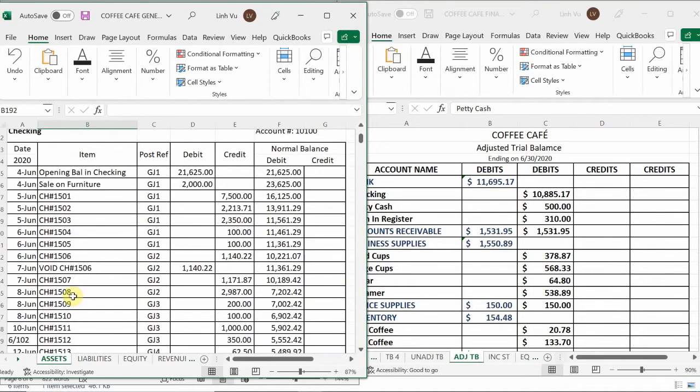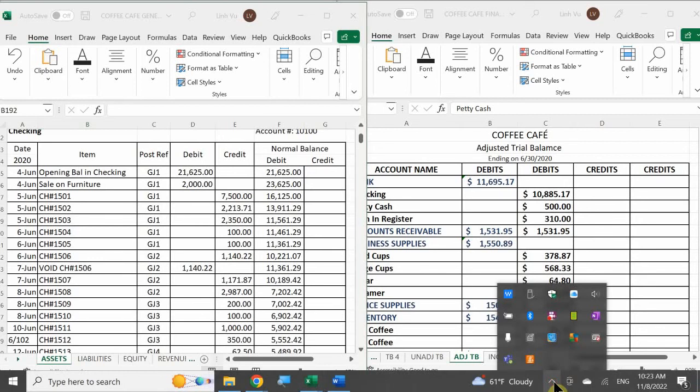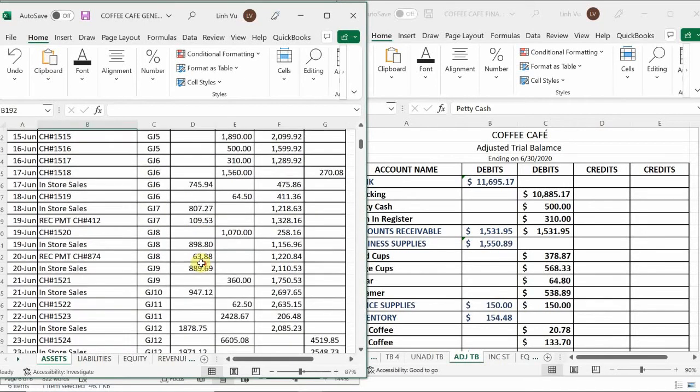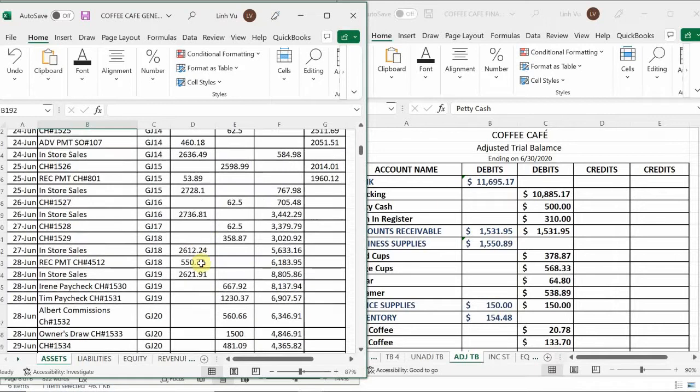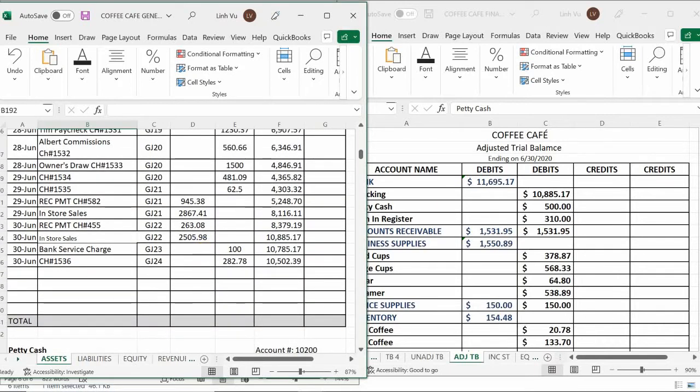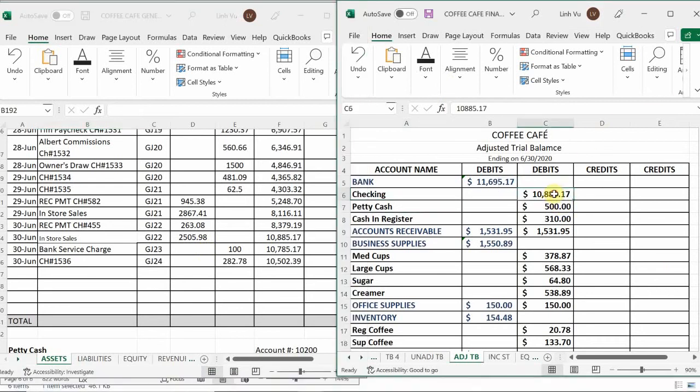Let's see. How much money do I have in my bank account as of June 30th? $10,502.39. Okay, so there you go.